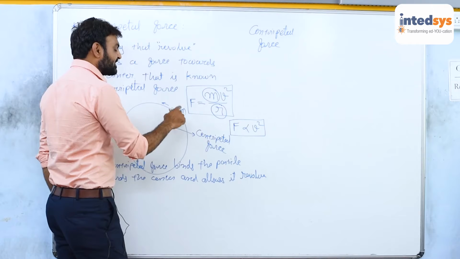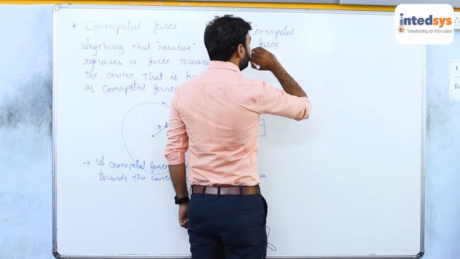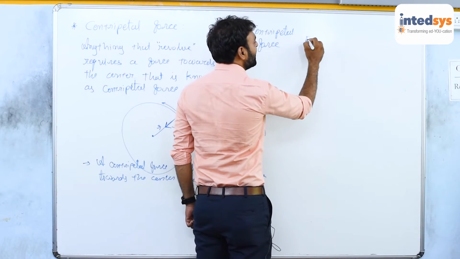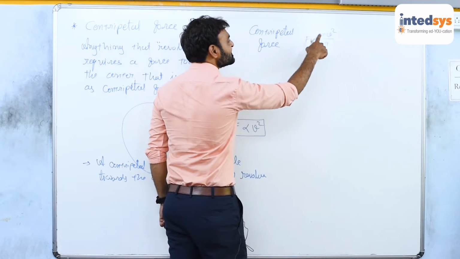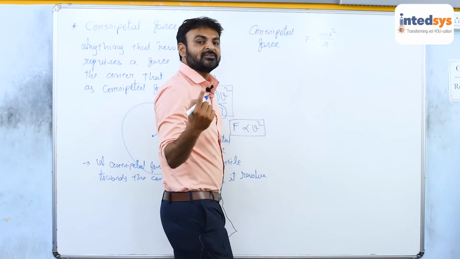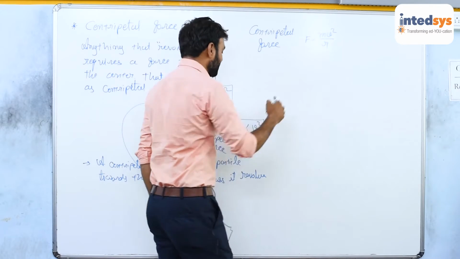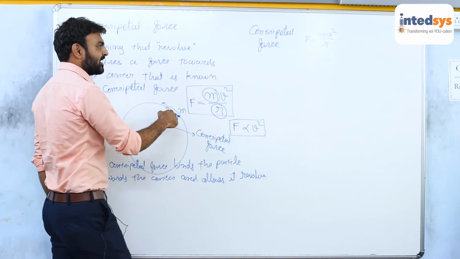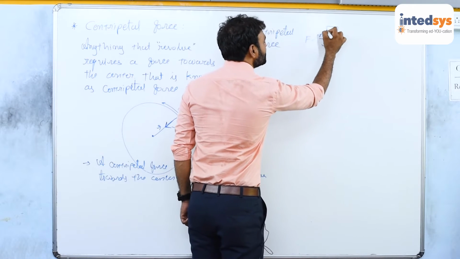So there is another factor of the same force. If F is equal to mv squared upon r, mass and radius are constant, so they are not going to affect the particle revolving over the circle. But the velocity plays an important role.